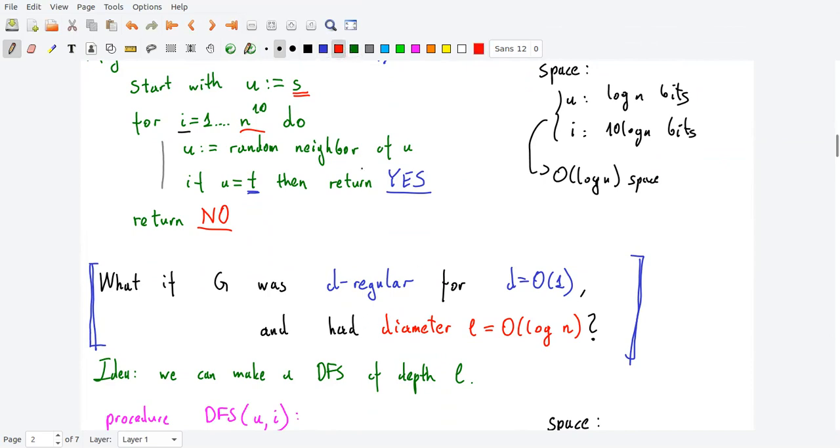In particular, it is d-regular for some constant d, and it has low diameter, logarithmic in n. Then if the diameter is small, you can trim the depth first search at the depth being the diameter, because if the distance between S and T is at most log n, then the depth first search will need just log n steps to get there.